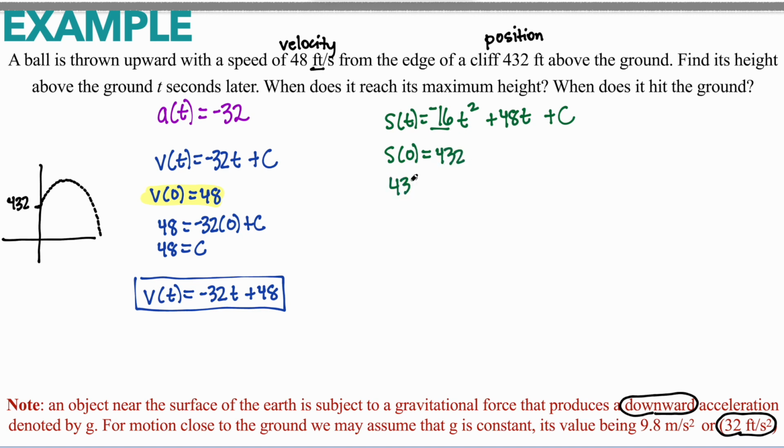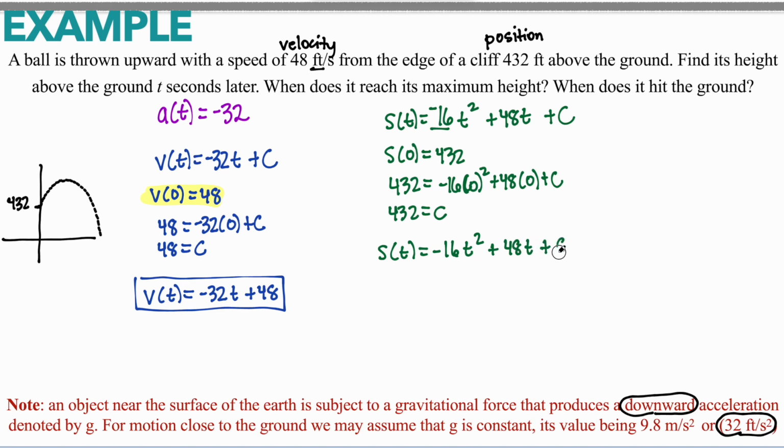So I'm going to set 432 equal to negative 16 times 0 squared plus 48 times 0 plus c. So I know that c is 432. So now I can tell you that my original position was negative 16t squared plus 48t plus 432.